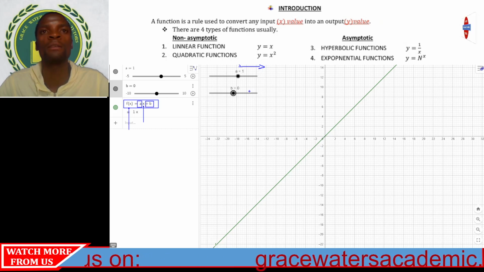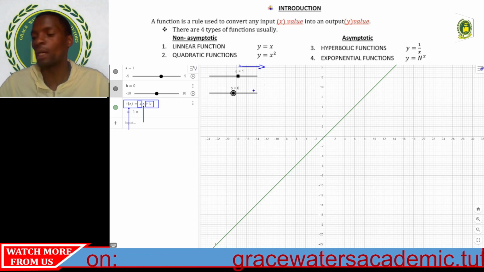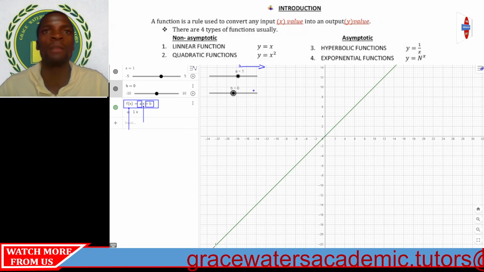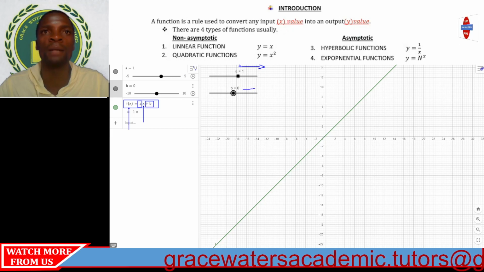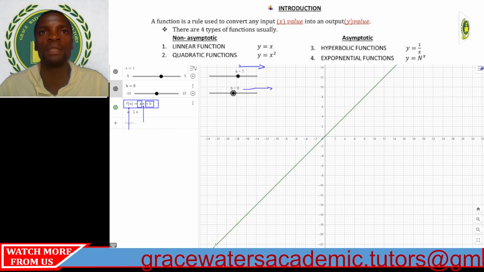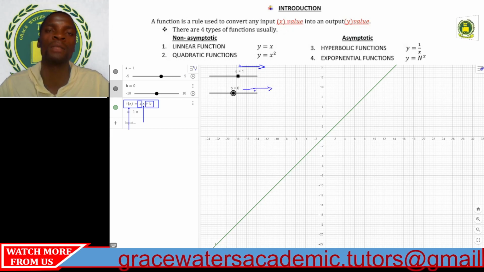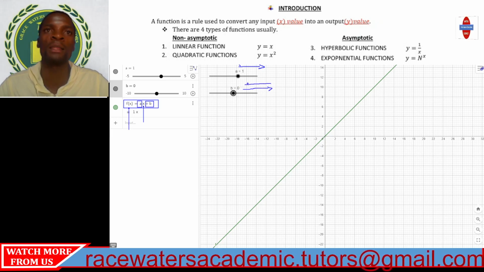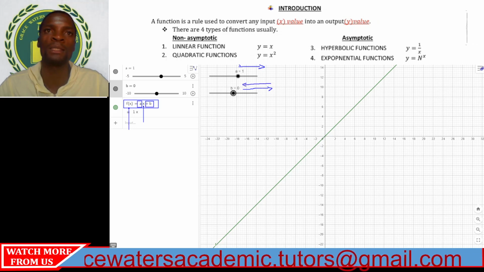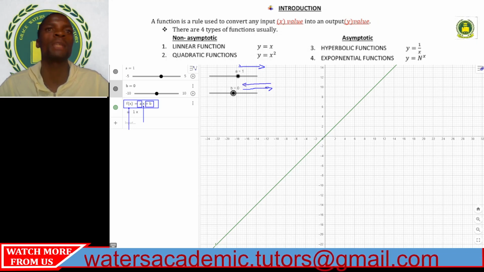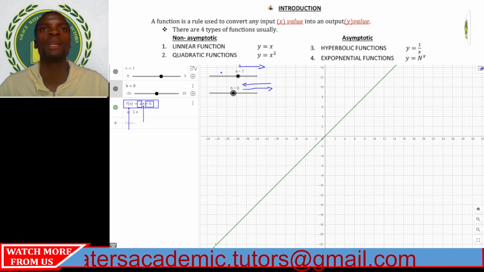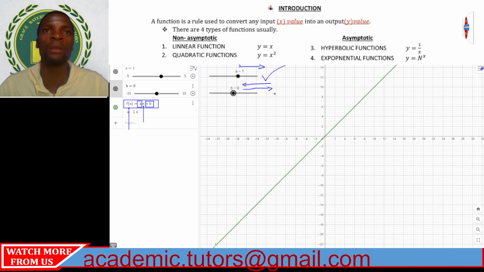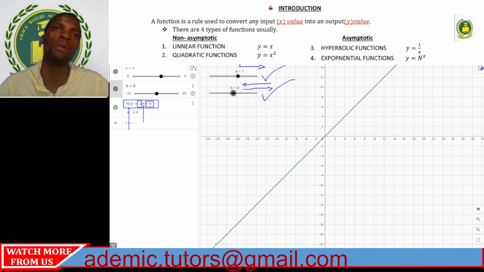And when the value of b gets bigger, the graph moves up, and when it gets smaller, the graph will move down. Let us do that right now as an experiment. I want you to be looking at this slider and this other slider as we do the transformations.